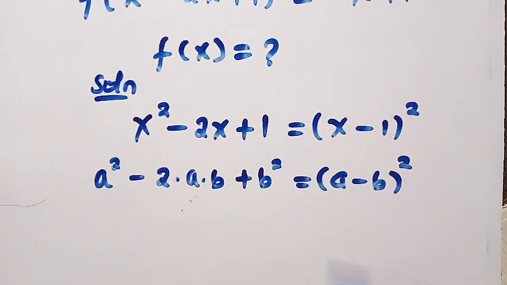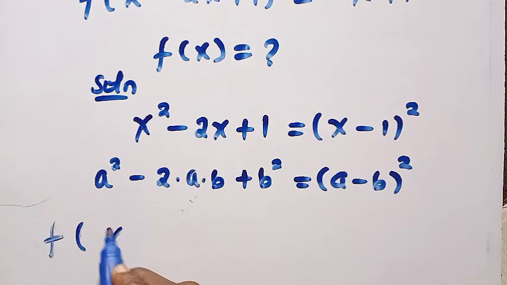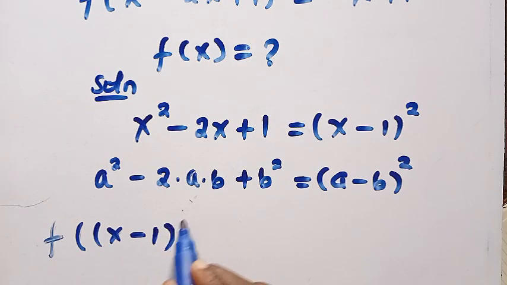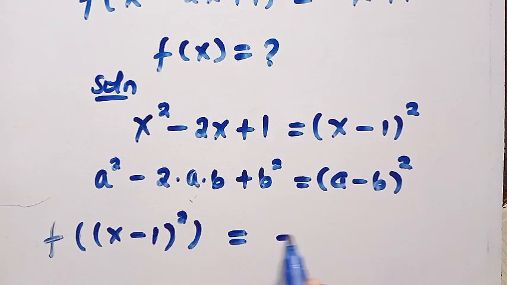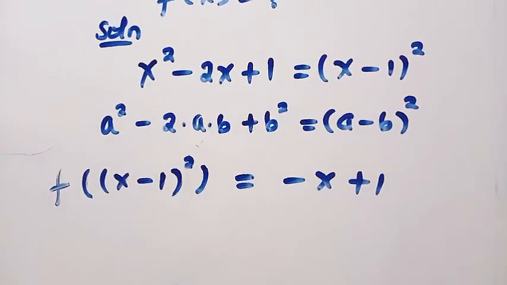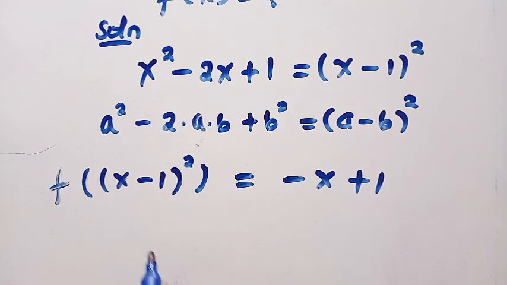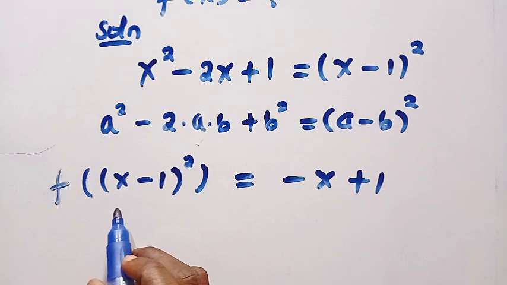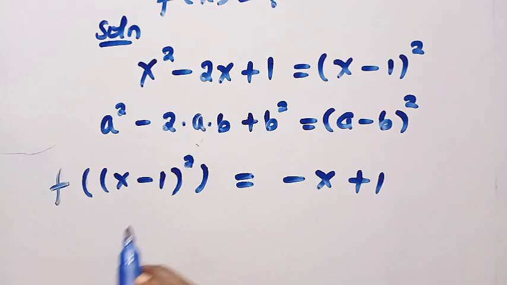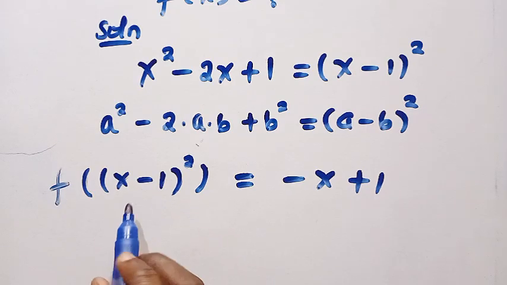Now after getting this, let's replace the function again by f of x minus 1 raised to the power of 2 equals minus x plus 1. The input and the output. Then the next step, we are going to rename the variable.